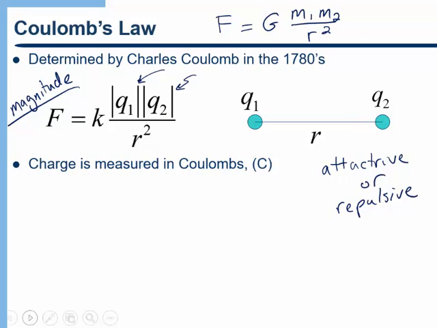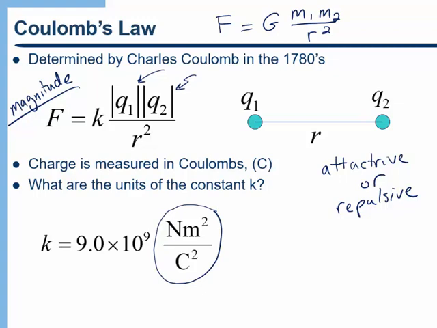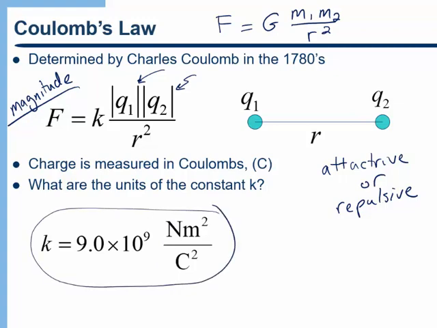Now, if we look at k, our new constant, k is a value of 9 times 10 to the 9th newton meter squared per coulomb squared. You'll notice that this has to be what the units are for k, because ultimately we want charge to be in coulombs, the distance to be in meters, and we need to end up in newtons. One of the things you'll notice is that this constant looks much bigger than the gravitational constant.